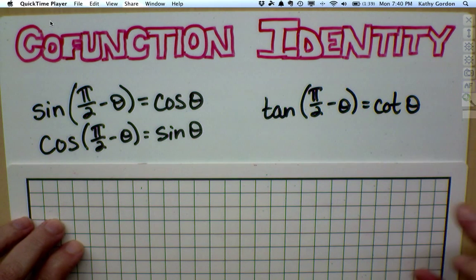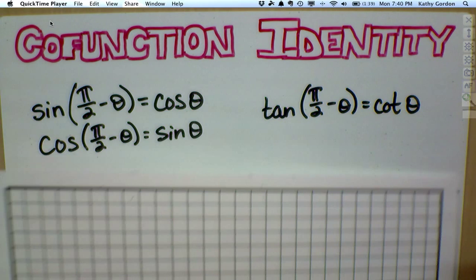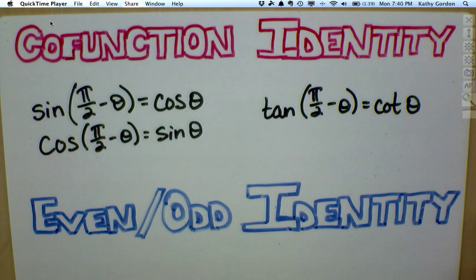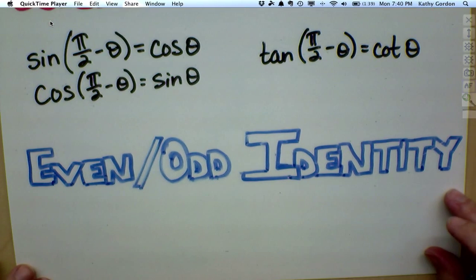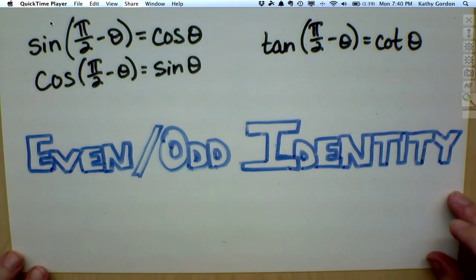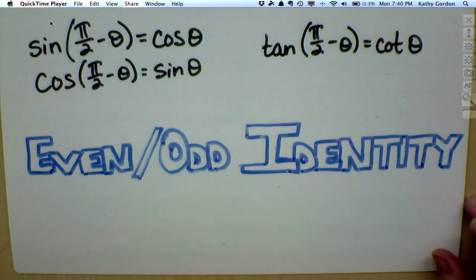Okay, so that's another set of identities that we need to know. And then our final set is what's called the even-odd identity. And in the even-odd identity, it allows us to deal with negatives more efficiently. And it's based on the type of function sine and cosine and tangent are.